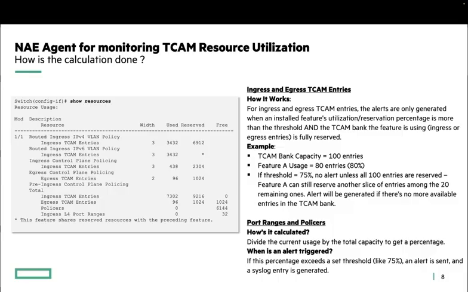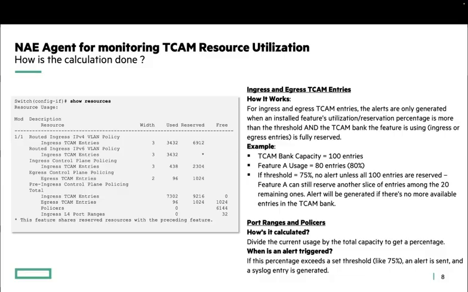Indeed, a feature like ACL or control plane policy will reserve a set of entries, but will not necessarily use all of them. But in case it reaches the total amount of entries it reserved, it can still get another slice of TCAM entries if there are some available in the TCAM. That's why the alert will only be generated if the threshold is reached and in case there is no more free entries for that feature in the TCAM bank.